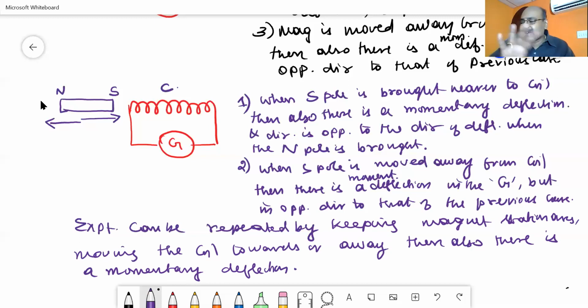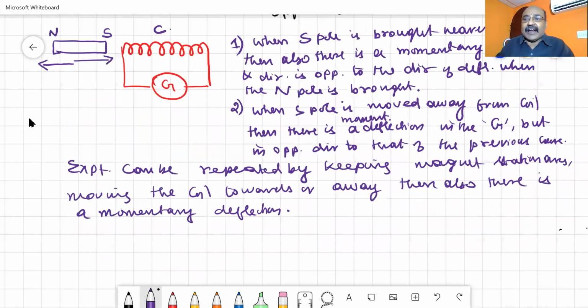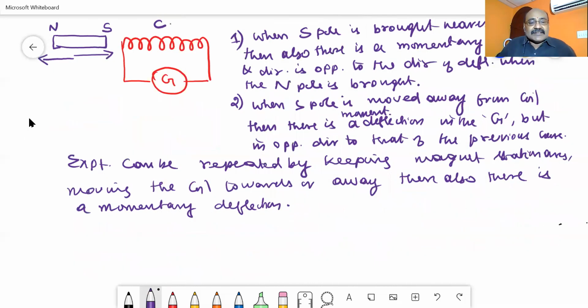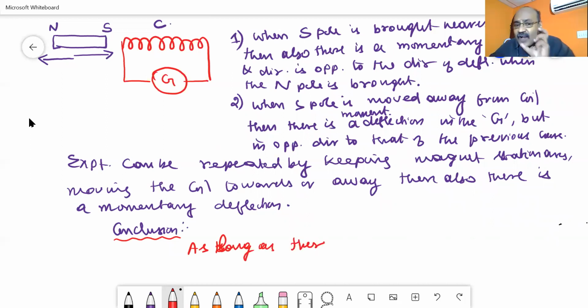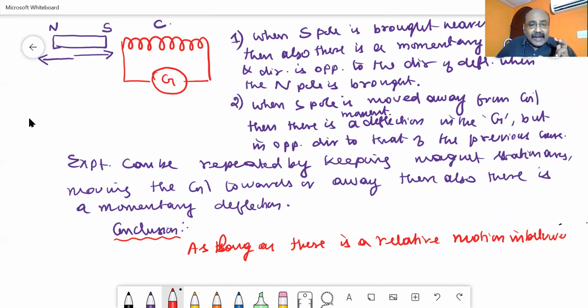So from these experiments, what is the conclusion that was arrived at? The conclusion arrived at was, as long as there is a relative motion between the coil and the magnet.